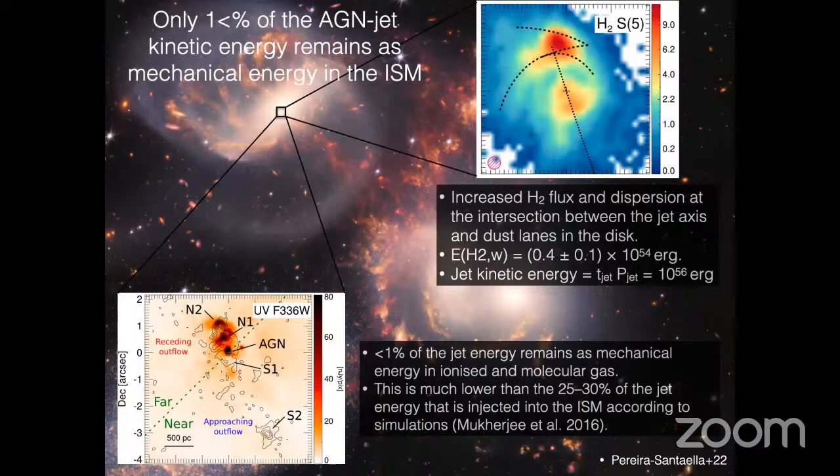There is other evidence from other groups that you only need a tiny fraction of the mechanical energy injected at large scales to come out in H2 lines. Another example is this AGN in the Stefan's Quintet system, observed with James Webb during the very first early release observations. What is nice is that we can resolve this. This is the jet orientation, and we see H2 coming out where the jet is interacting with a CO cloud.